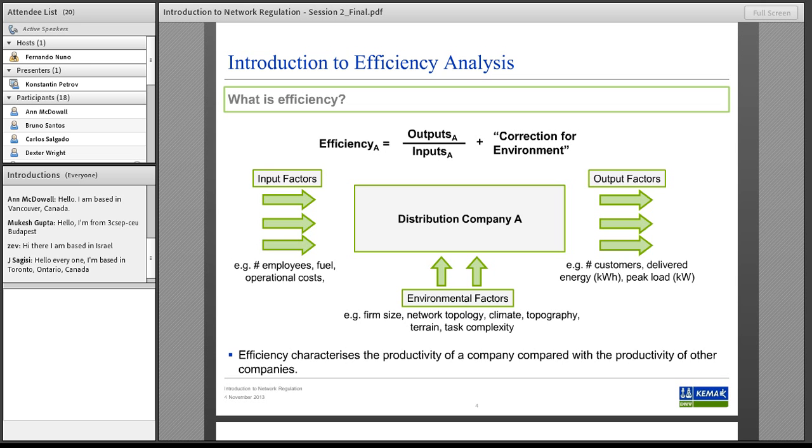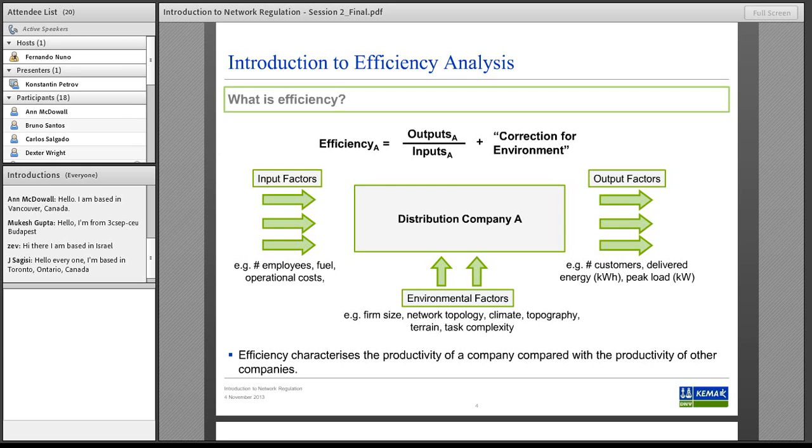All these areas of the operating environment somehow are considered and should be considered in order to eliminate differences in this operating environment, starting from the presumption that it is difficult to control, from the company's point of view, the operating environment. So they have to operate in this environment. That's why we have to consider also in the efficiency analysis the characteristics of this operating environment.